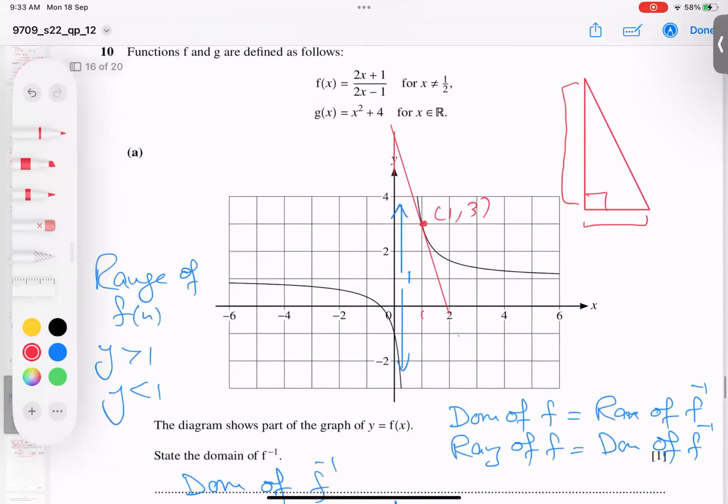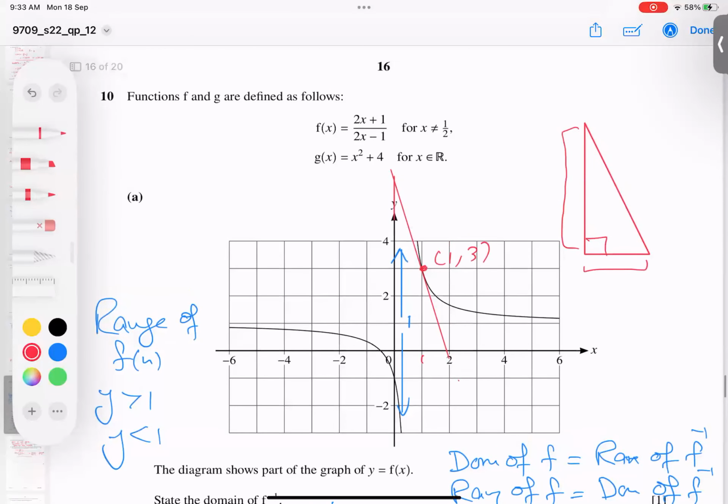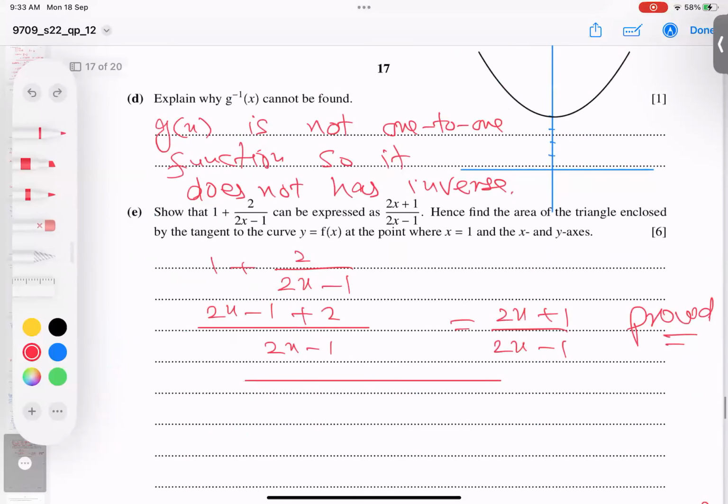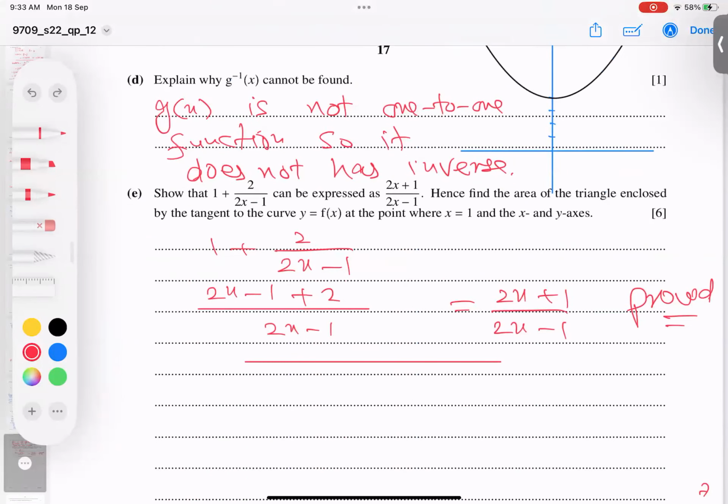Because we talk about g of x, I have to differentiate. When I differentiate this part, students, how do we get the area of the triangle enclosed by this? Let's see how we can go for it.